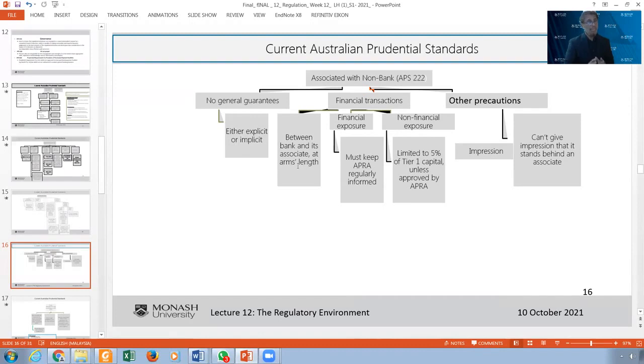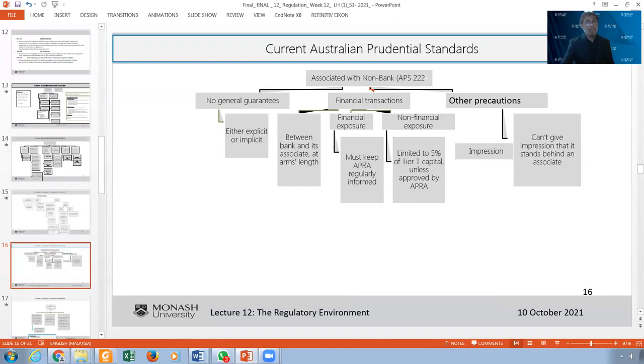That means, as when you give a loan to any other party, there are no preferences, no advantages of being associates to get more loans or better conditions. It should be independent, as if they were another customer.